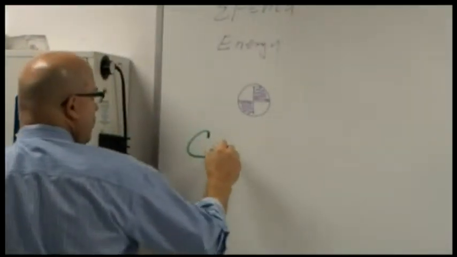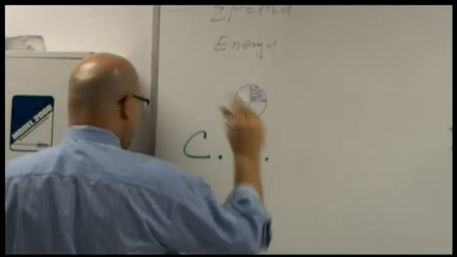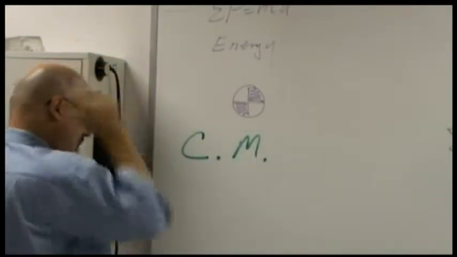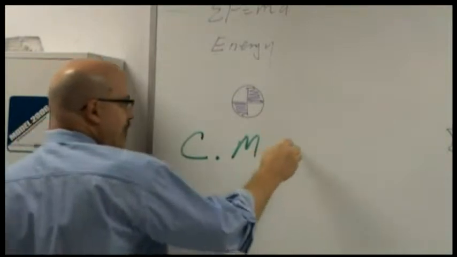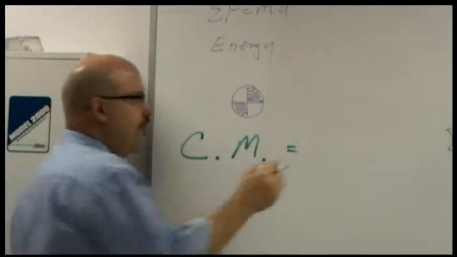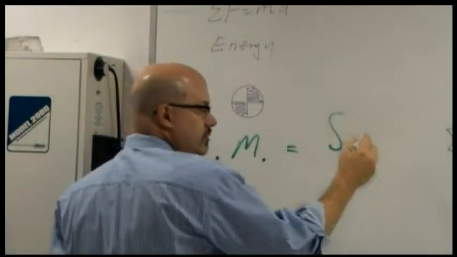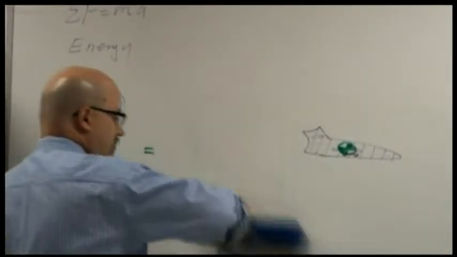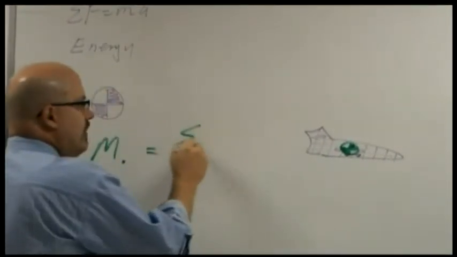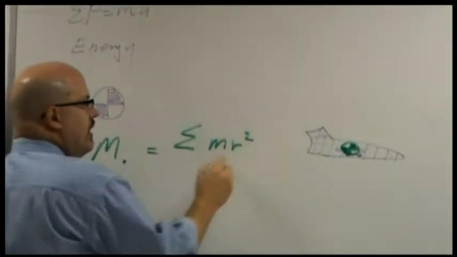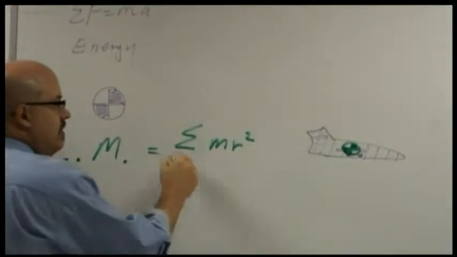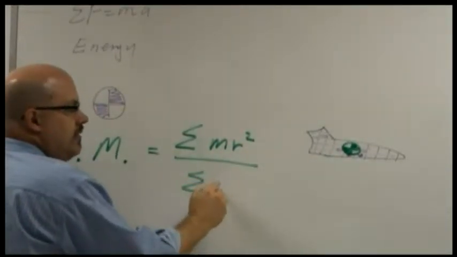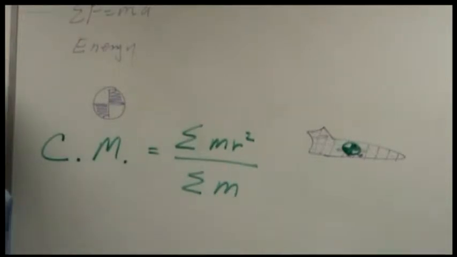Once again, we've already talked about this, but center of mass. How do we calculate center of mass? Do you remember? Sum of mr squared. Sum. Oh, okay, do it that way first. The sum of the mr squareds over the total mass, the sum of all the masses.